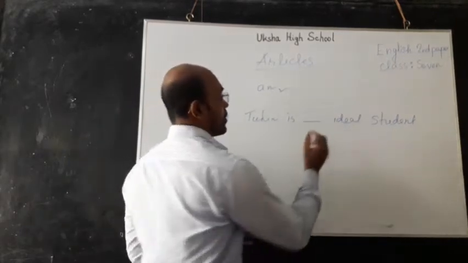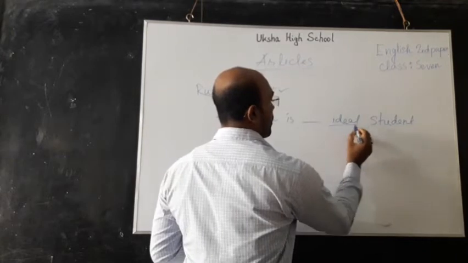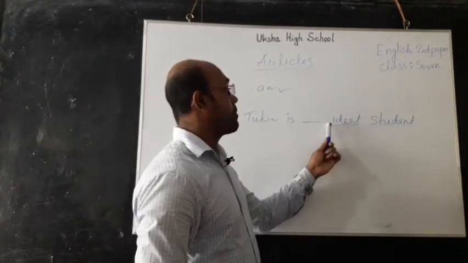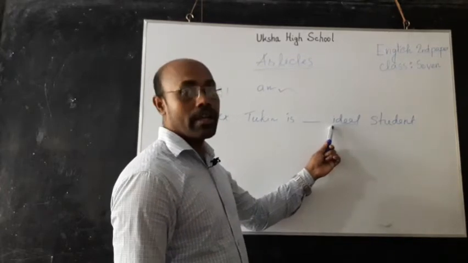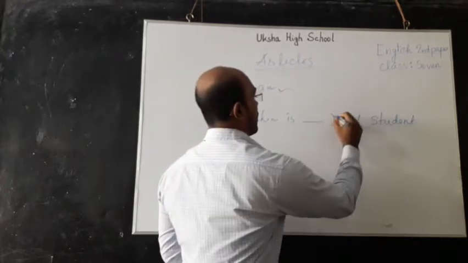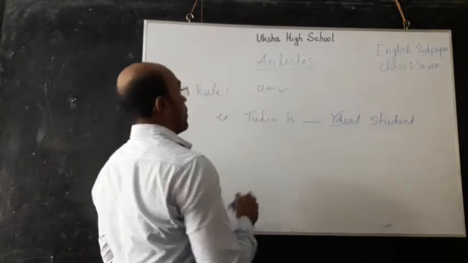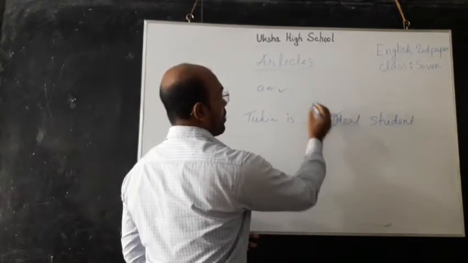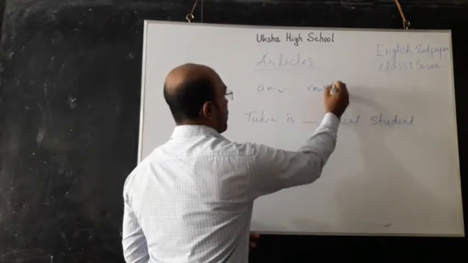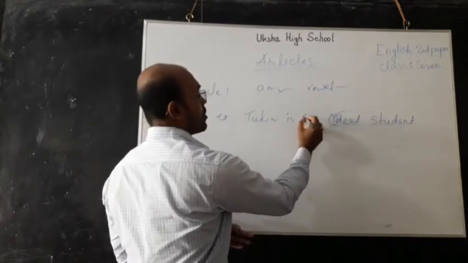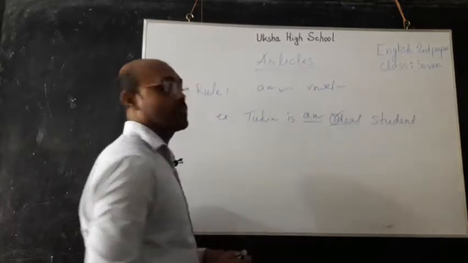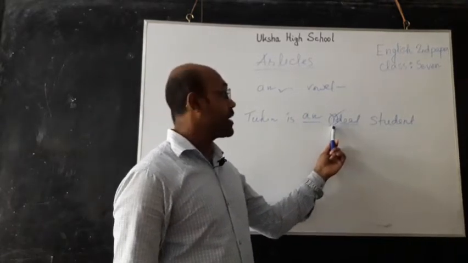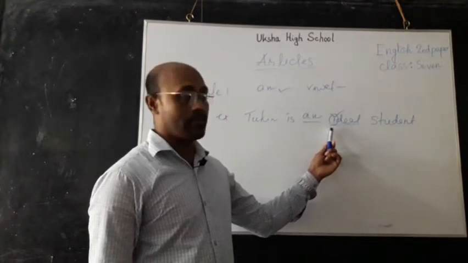Here, after the gap, this word is ideal, and this word begins with the vowel I. So, Rule 1: if a word starts with a vowel, then we will use an.